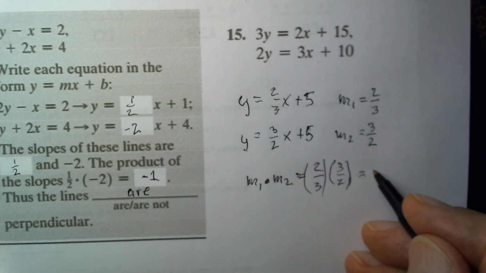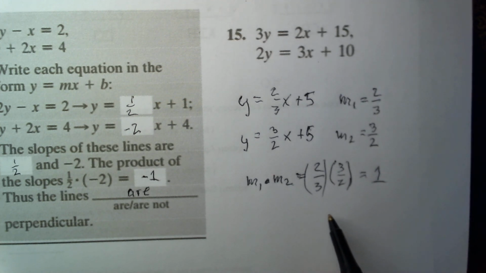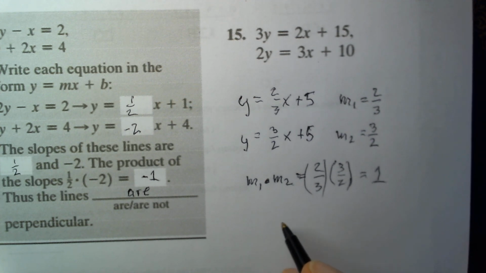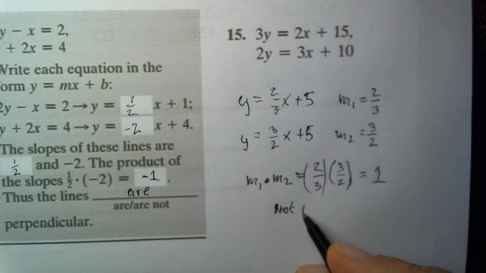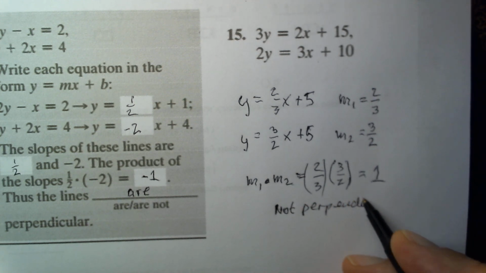And that's equal to +1. For these two lines to be perpendicular, the product of the two slopes has to be negative 1. So we can say they are not perpendicular.